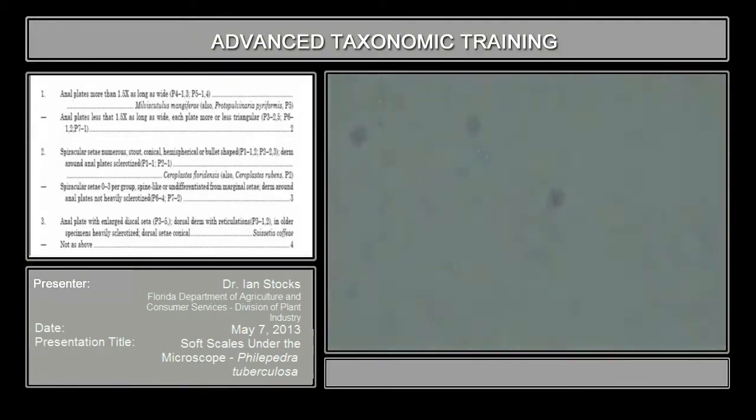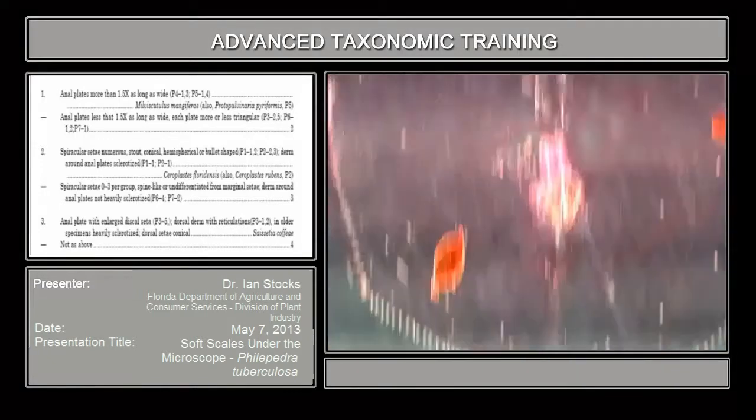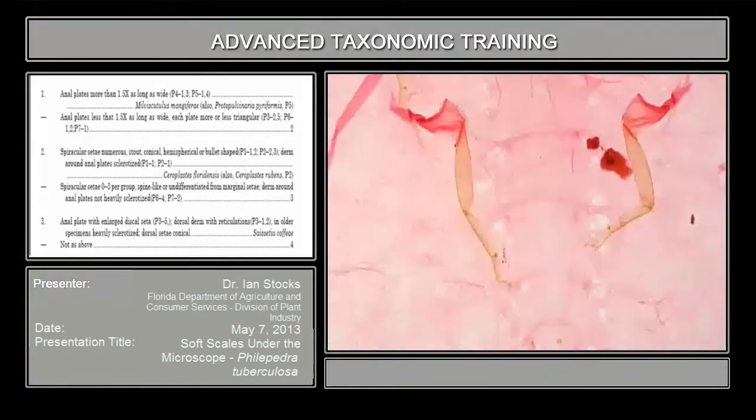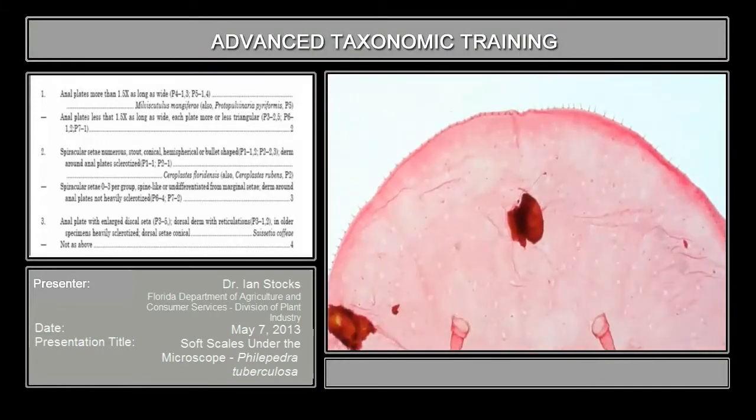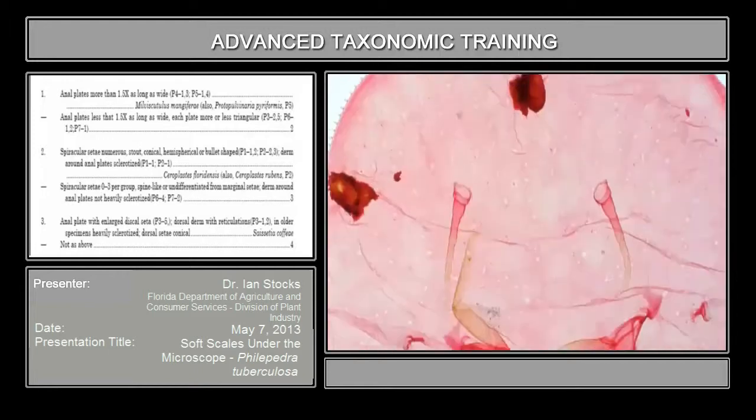Okay, well let's go ahead and we'll finish up then with Philephedra tuberculosa, because that'll take us to another part of the key. So again, we'll drop it back down to the 4x.